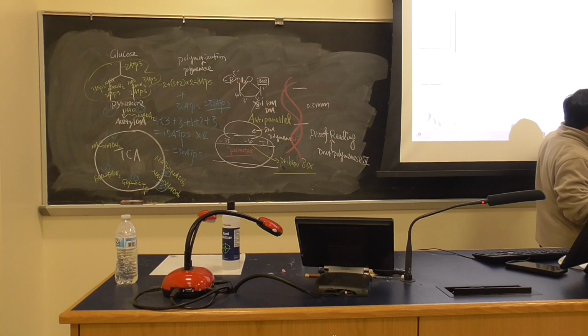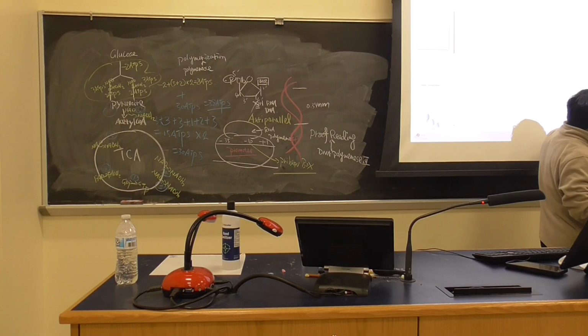Phosphoenolpyruvate becomes pyruvate, and ATP is generated. What's the name for this ATP generation? It is substrate level phosphorylation. Is that correct?